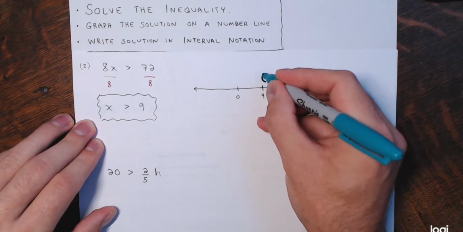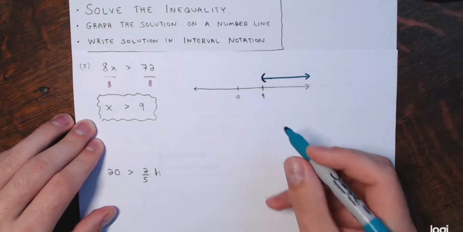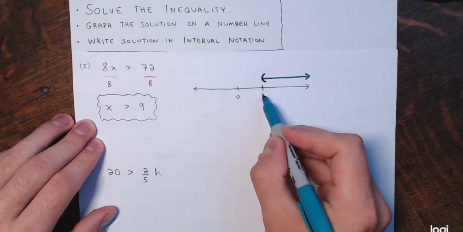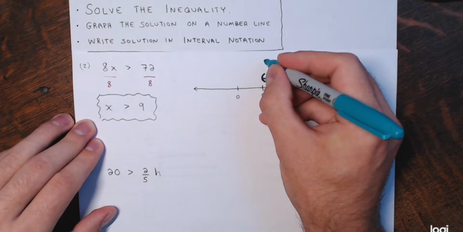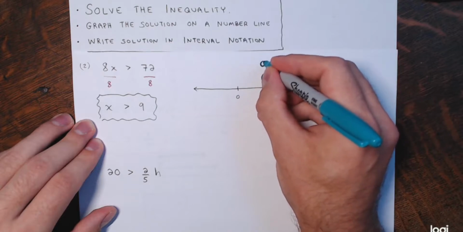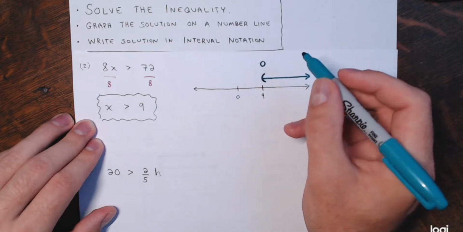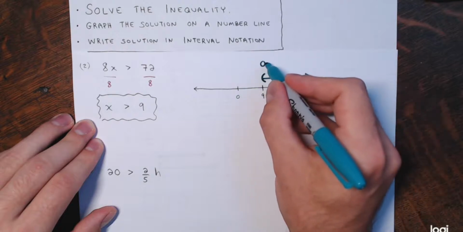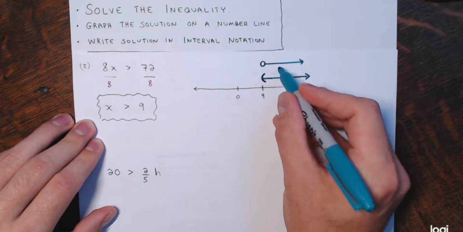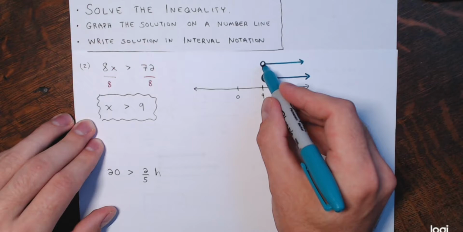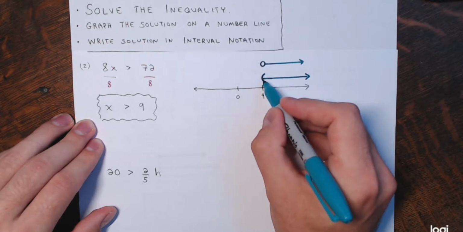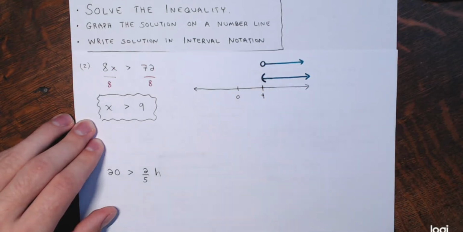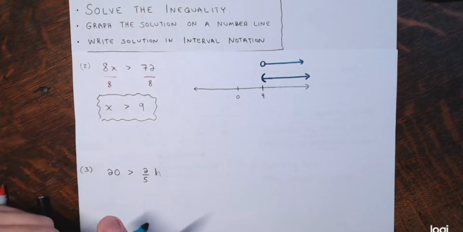Little curvy parenthesis there. That indicates that 9 is not a solution. Or in some other textbooks, you might just see an open point, and then the arrow to the right. Either one of these is fine. But usually, you get either an open point or a parenthesis above a number that is not a solution. Okay, so there's the graph of the solutions.